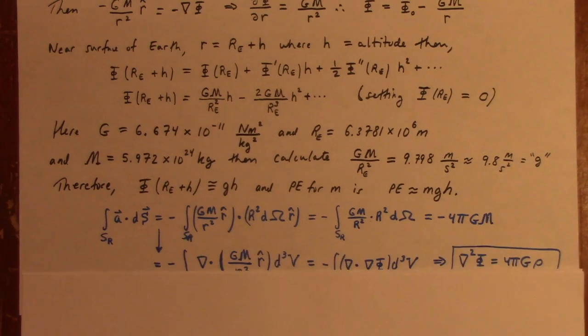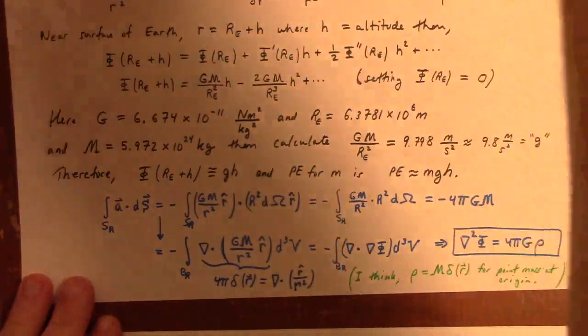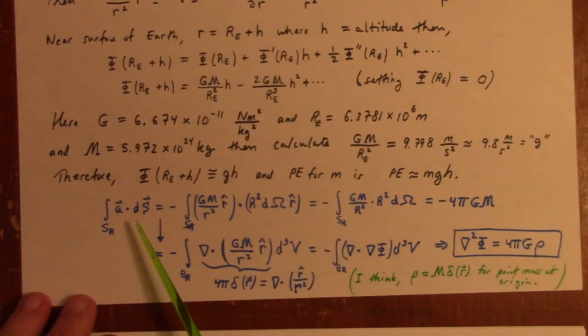And okay, so what's going on here? Well, if we take the surface integral over the surface of the Earth, that is going to give us GM over r squared r hat dot with r squared d solid angle r hat, right? That's a formula for dS.